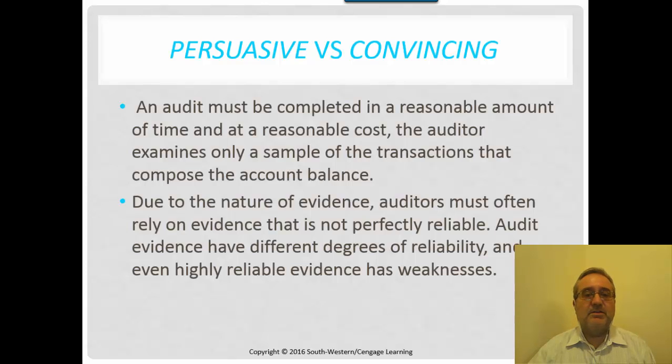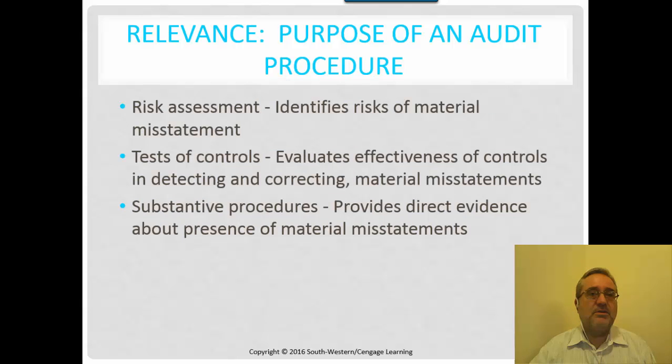Audit evidence has different degrees of reliability, and even highly reliable evidence has its weaknesses. So we strive for convincing, but we need to keep in mind that in many cases we can only reach the level of persuasion in regards to the evidence that we're considering.